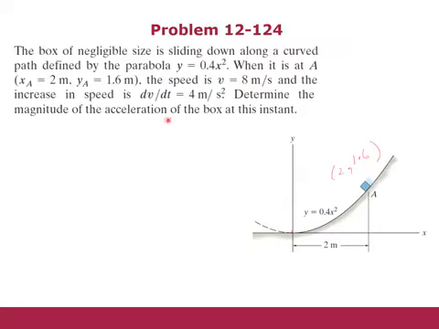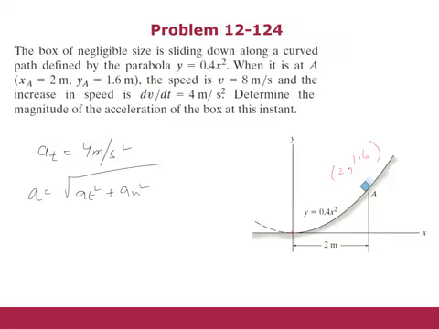So this is the tangential acceleration, which is 4 meter per second square, right? Velocity is also given, so you have to calculate the resultant acceleration, and the resultant acceleration is a equals the square root of at square plus an square, right?